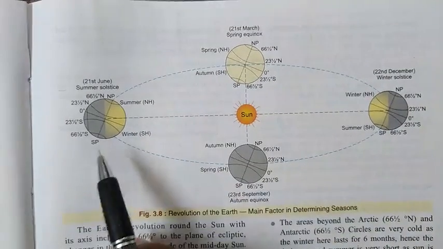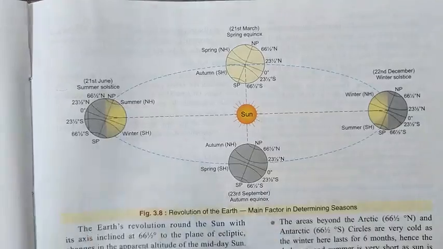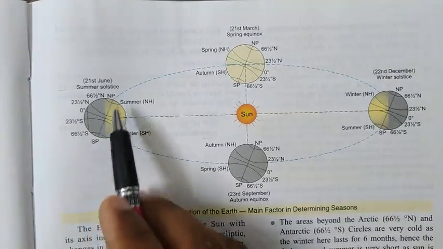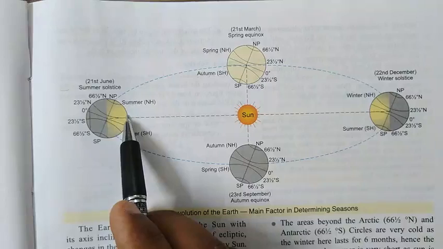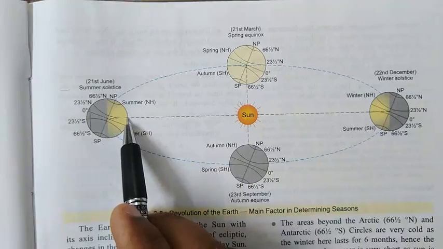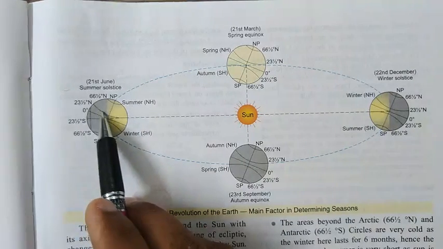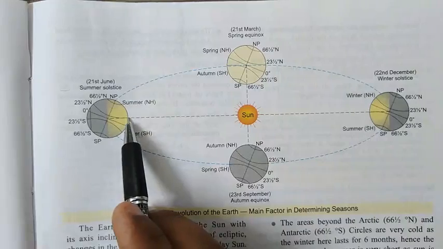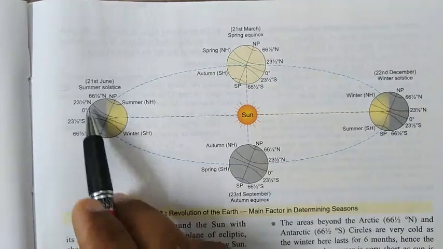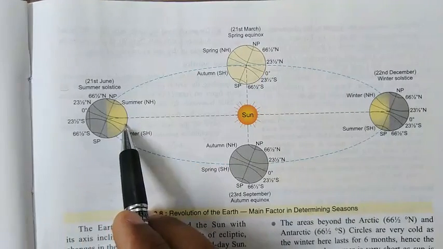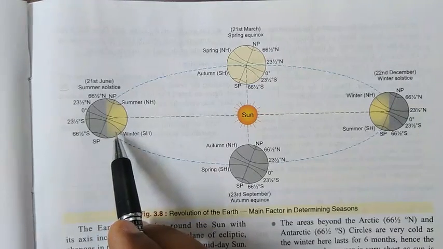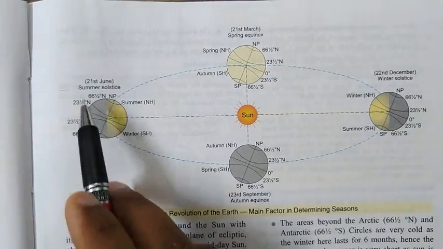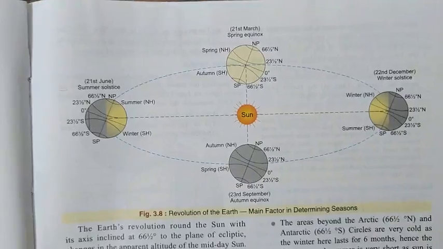In this position, on 21st June, the earth is inclined and the sun rays fall vertically on the Tropic of Cancer. This is the Tropic of Cancer, where the sun rays fall very vertically, and this is why the northern hemisphere experiences summer, while the southern hemisphere experiences winter. This position is called the summer solstice.